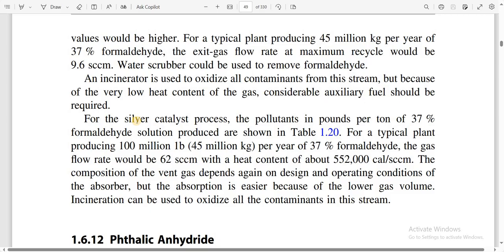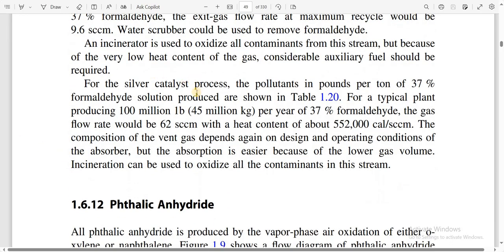So for the silver catalyst process, the pollutants in pounds per ton of 37% formaldehyde solution produced are shown in table 1.20. For a typical plant producing 45 million kg per year of 37% formaldehyde, the gas flow rate would be 62 SCCM with a heat content of about 5,52,000 calories per SCCM.